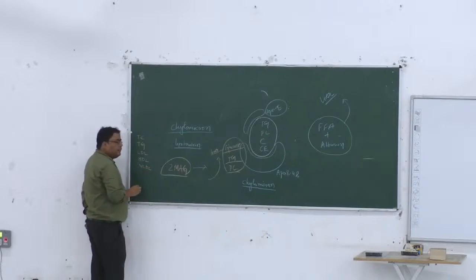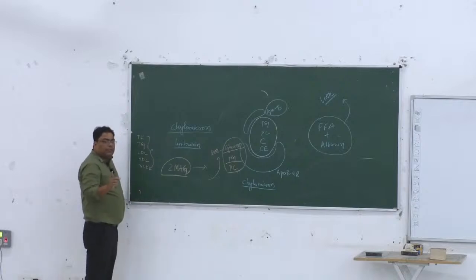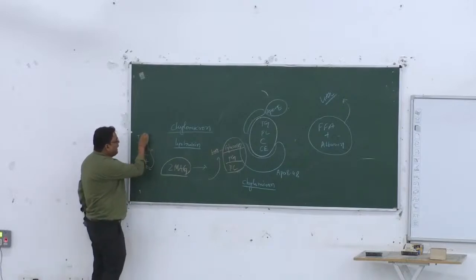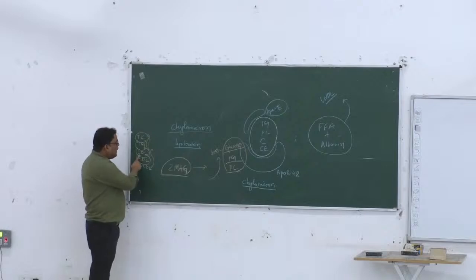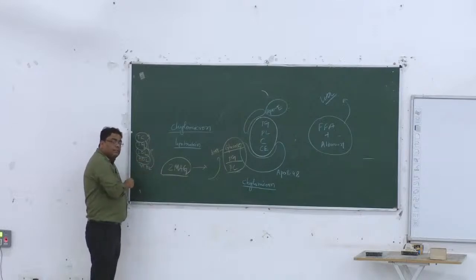All of these molecules we calculate. So all the fat molecules are present in this way: total cholesterol, triglyceride, in the form of LDL, in the form of HDL. What is LDL? Low density lipoprotein. What is HDL? High density lipoprotein. What is VLDL? Very low density lipoprotein.